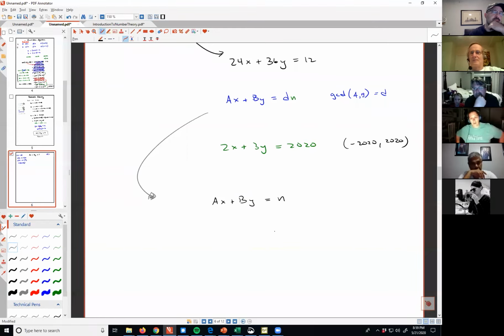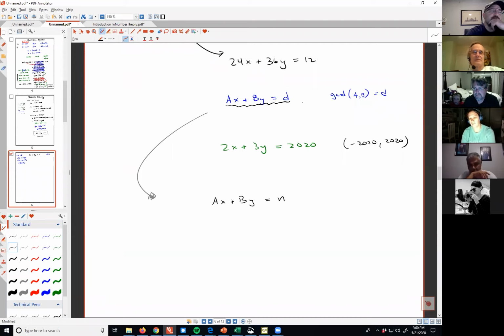When n is divisible by d? Okay, if n is divisible by d, then we are going to have infinitely many solutions, because ax plus by equals d had infinitely many solutions. We can just multiply the whole equation by n over d to get there.